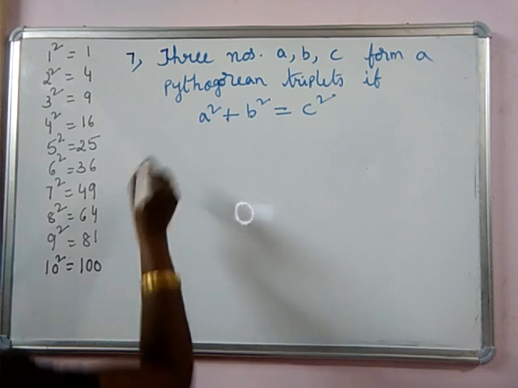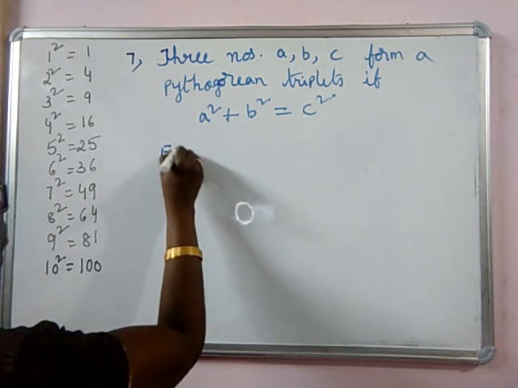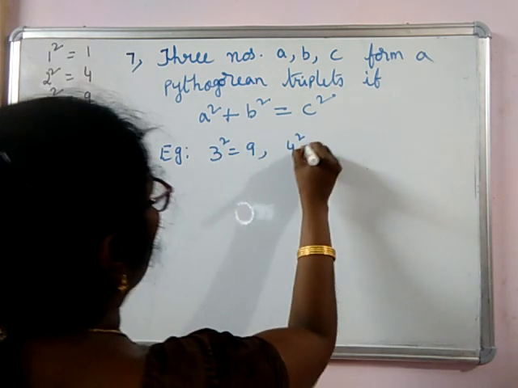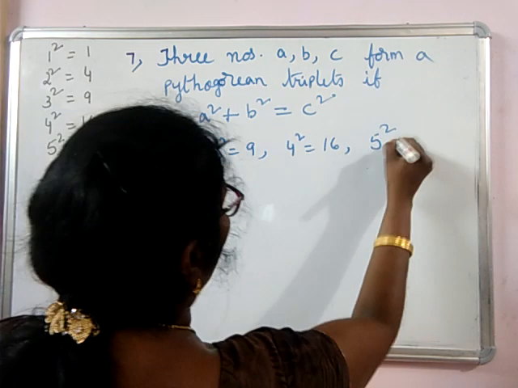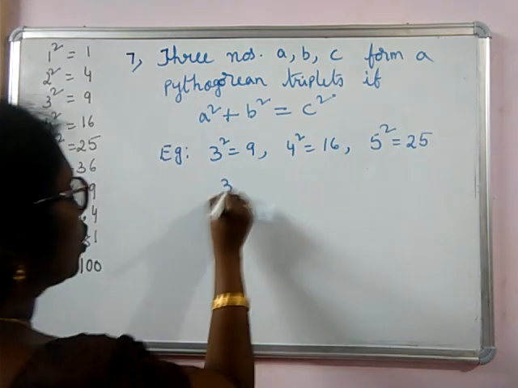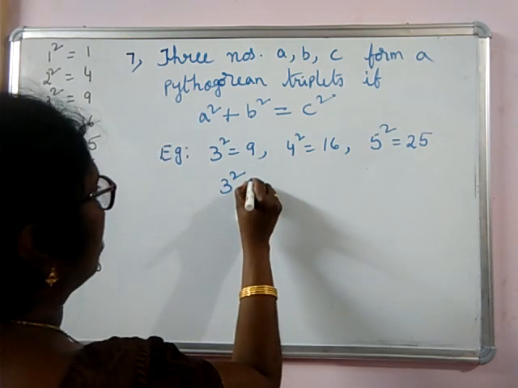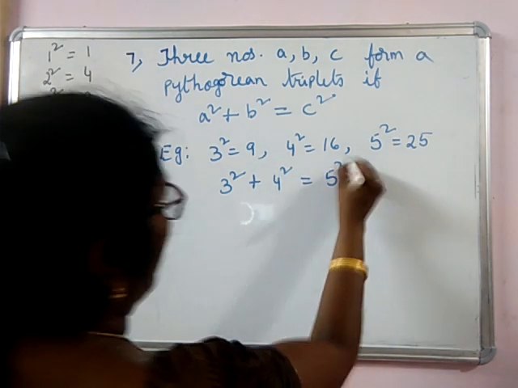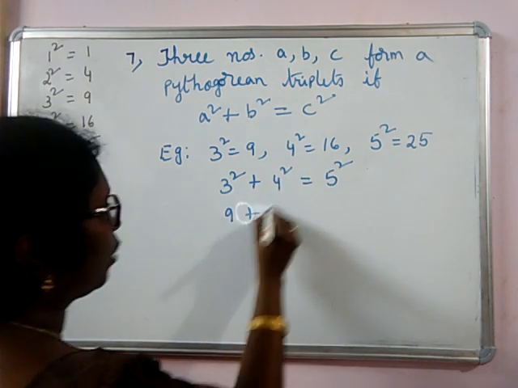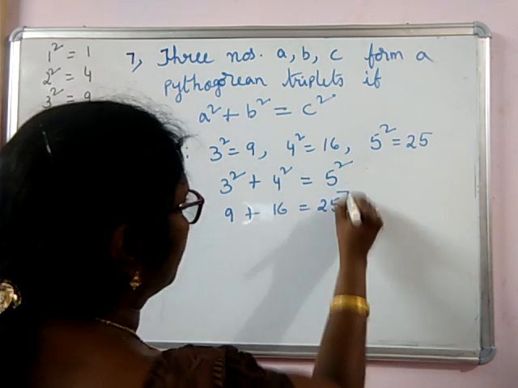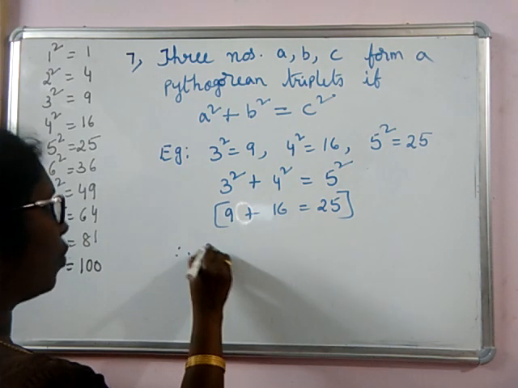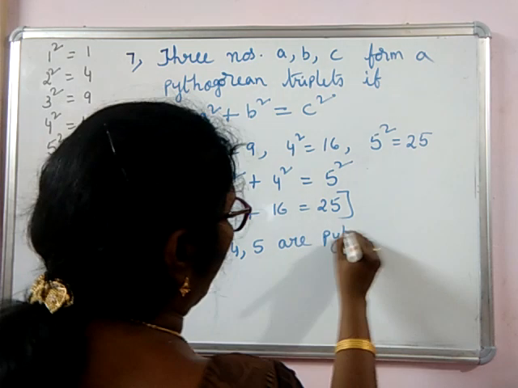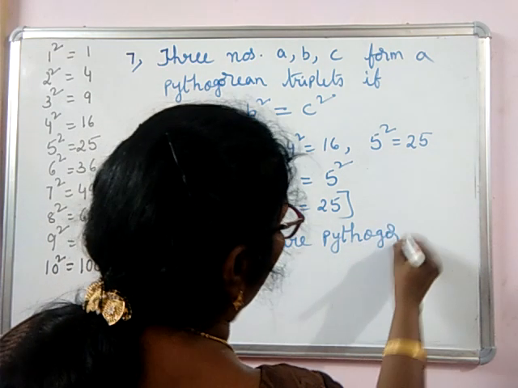Let me give you one example. 3 square is 9, 4 square is 16, 5 square is 25. So we know that 3 square plus 4 square, 9 plus 16, is equal to 5 square. 9 plus 16 is equal to 25, or not? Yes or no? Therefore, 3, 4, 5 are said to be Pythagorean triplets.